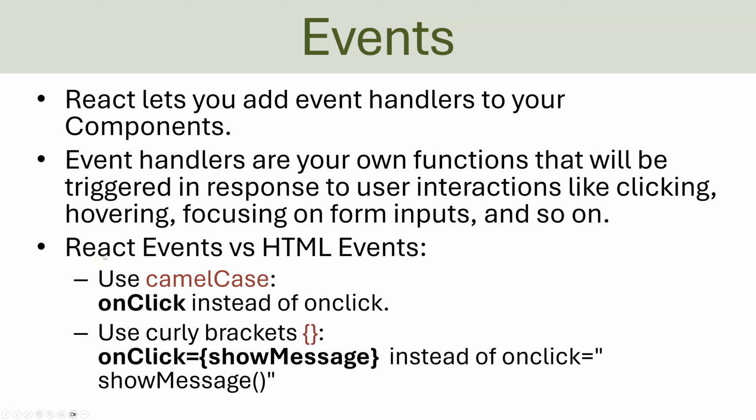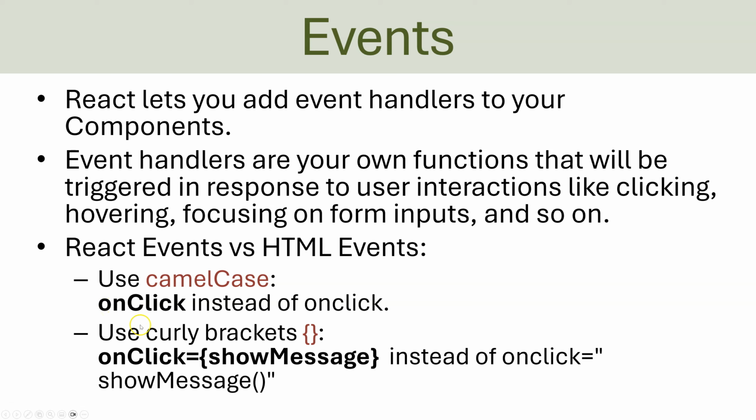React events are very similar to ordinary HTML events, but typically you need to use camel casing. So typically in HTML events you use onclick in order to create an event handler for clicking the button, but in React you need to use onClick instead, so you typically need to use this camel case notation.